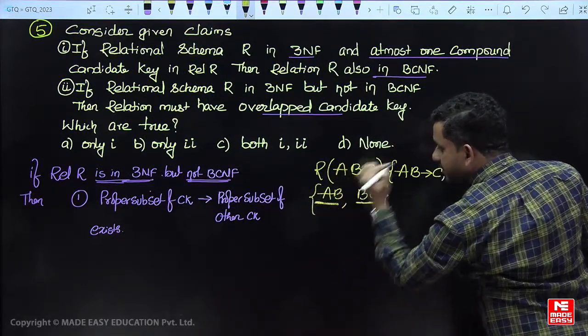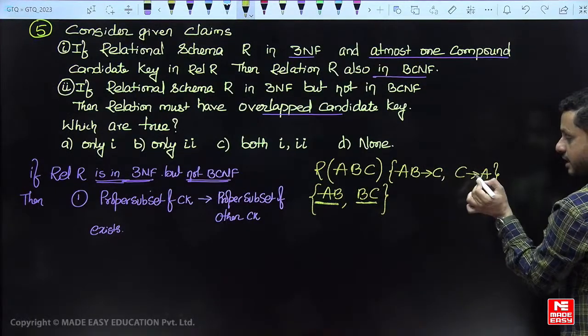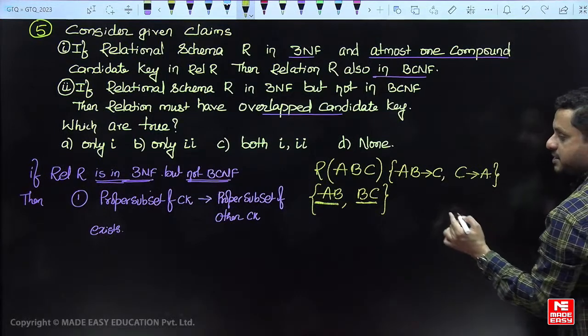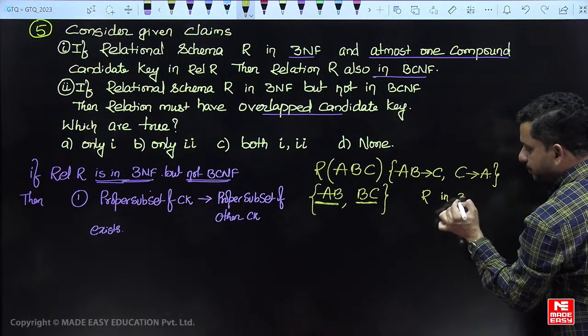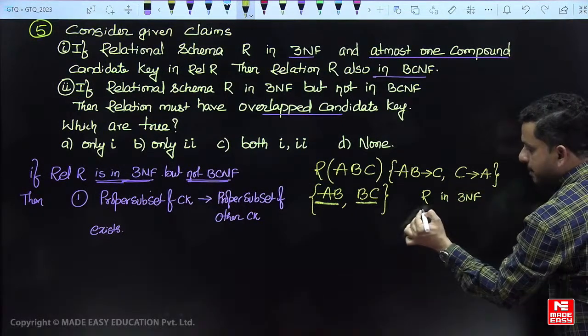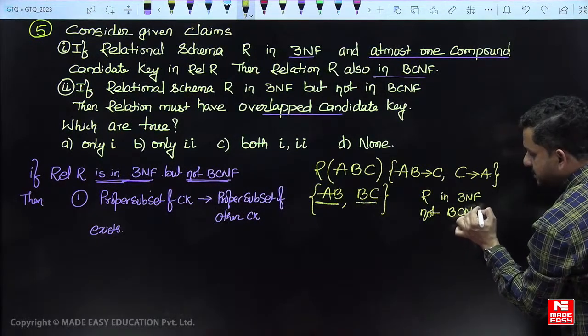If you observe, this relation is 3NF: AB is a super key, and C is not a super key but A is a prime attribute. This relation R is in 3NF, but it is not BCNF.